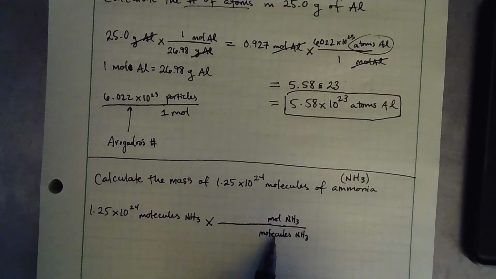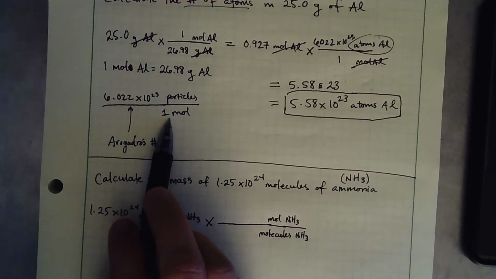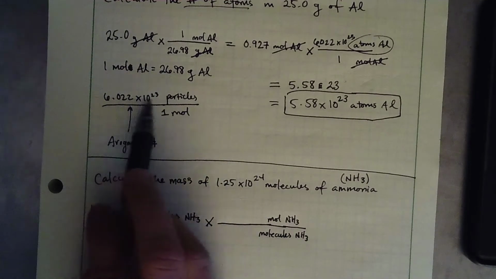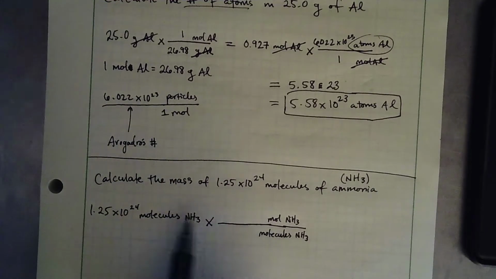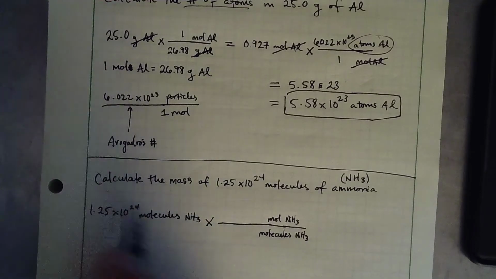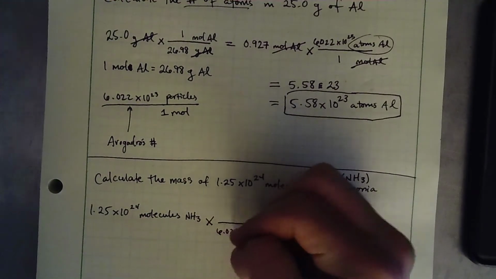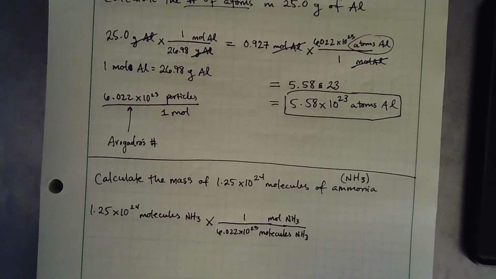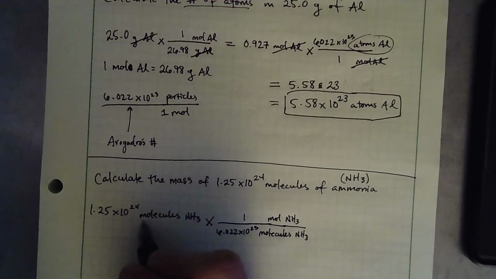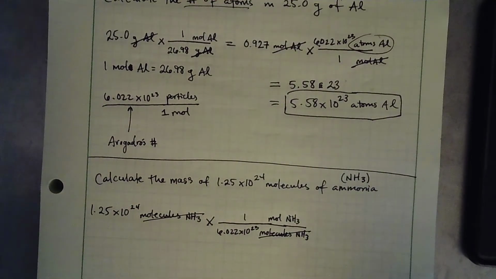Molecules per mole is like particles per mole, and remember, the actual big number goes with the particles unit, so it's going in the denominator. It's going to be dividing by Avogadro's number, 6.022 times 10 to the 23rd molecules of ammonia per 1 mole. Molecules of NH3 cancels, and I'm going to be left with moles of ammonia. I'll go ahead and figure out what that equals.